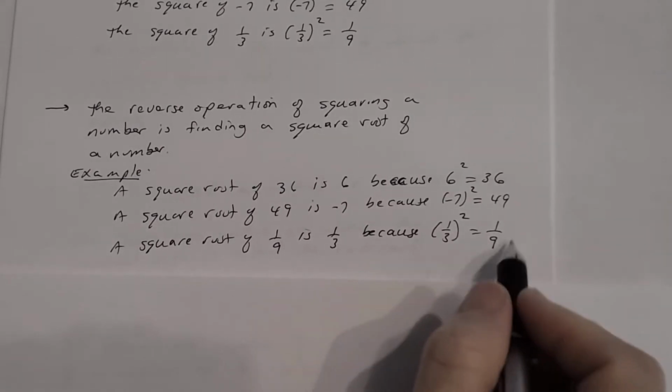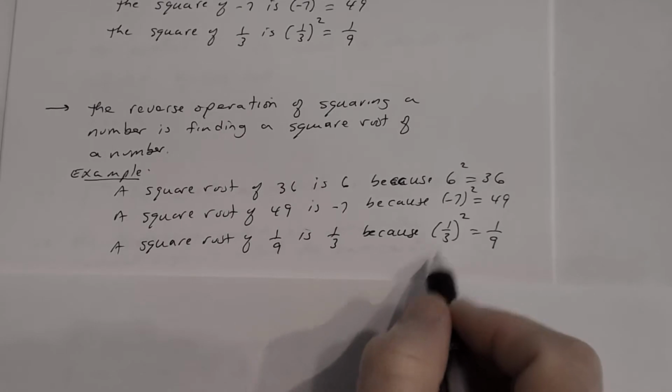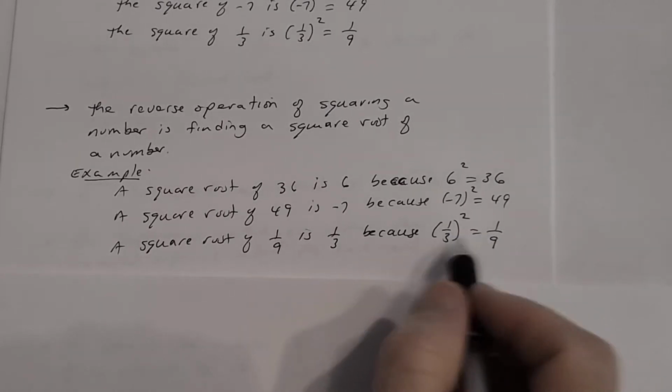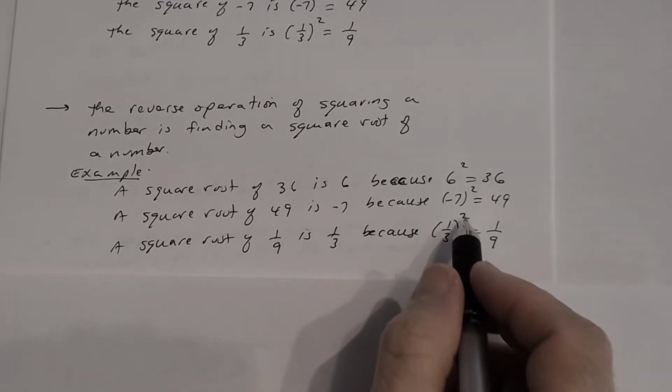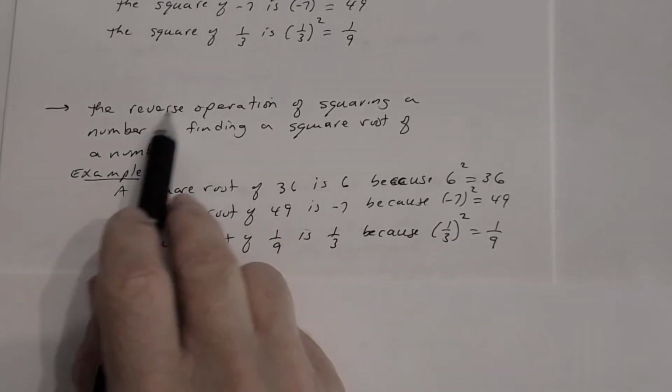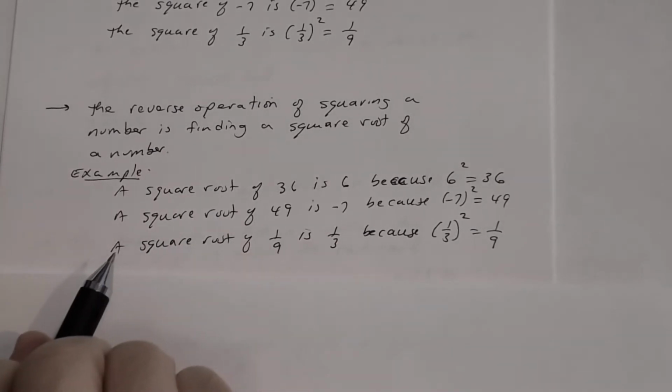If I do the reverse operation, the square root of 1/9 is this base here. So 1/3 squared is 1/9, and the reverse operation says that the square root of 1/9 would just be 1/3. The inverse operation, or the reverse operation, of squaring is square root. So the reverse operation of squaring a number is finding the square root of a number.